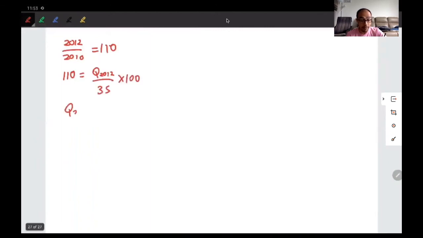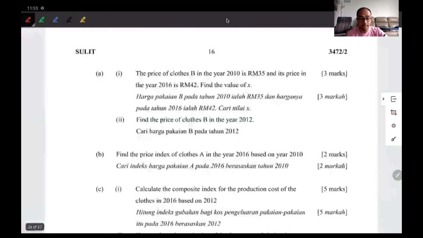So you actually can find the price at 2012 without even answering the first question. 110 times 35 divided by 100. So you get RM 38.50, 38 ringgit 50 cents. Which means you already answered this question, strangely enough.